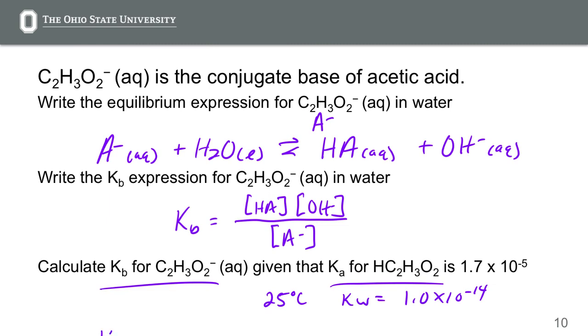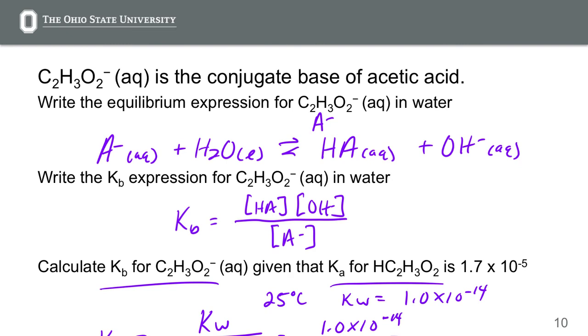So Ka is going to be equal to Kw over Kb, which is 1 times 10 to the minus 14 over 1.7 times 10 to the minus 5. That's our Ka.